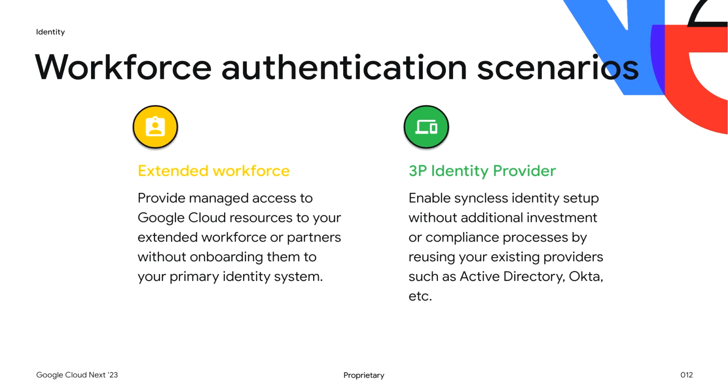Now, the feedback that customers have given us over the years is, first, customers have extended workforce or partners that they do not want to onboard to their primary identity provider, and occasionally they have a secondary IDP for them. For those specific users, they want to onboard that secondary identity provider without having to synchronize it, without having to go through all of that investment. So that's an extended workforce scenario that we typically didn't have until now.